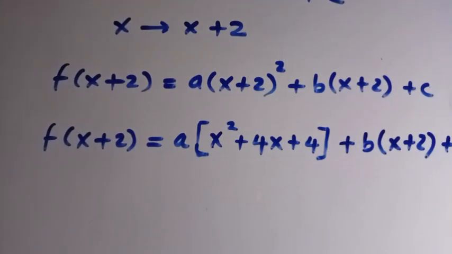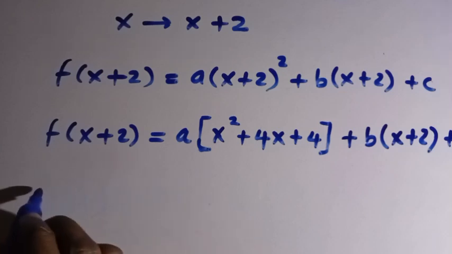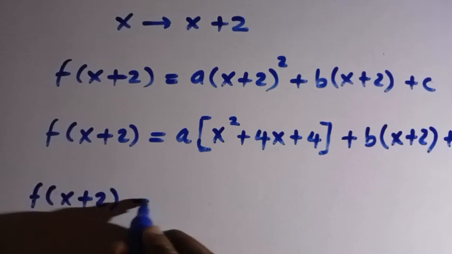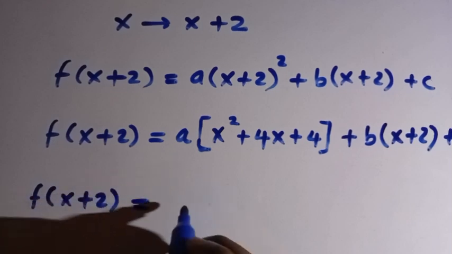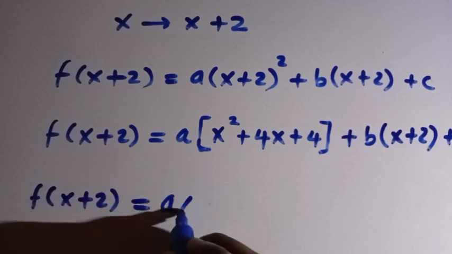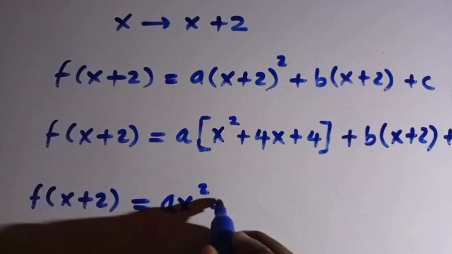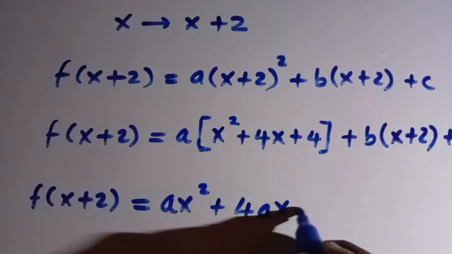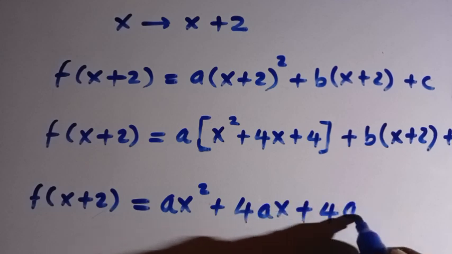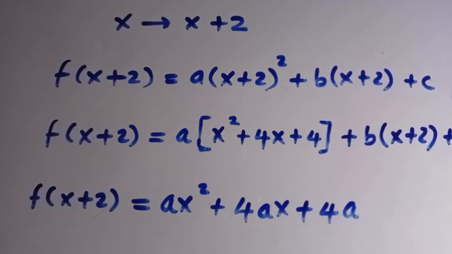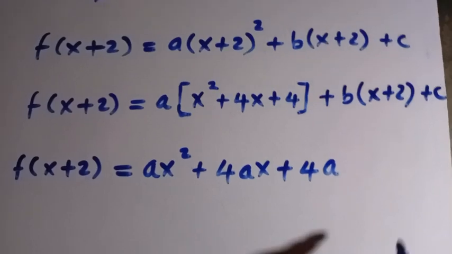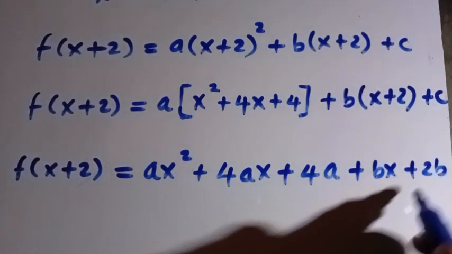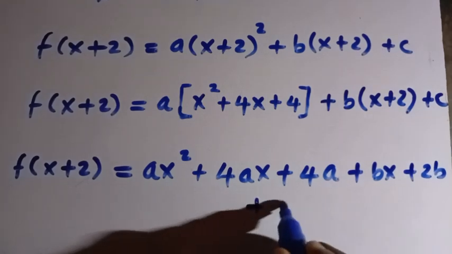If we expand this one, we have f of x plus 2 equals ax squared plus 4ax plus 4a. Then we have plus bx plus 2b plus c.